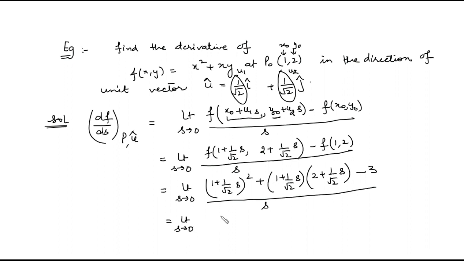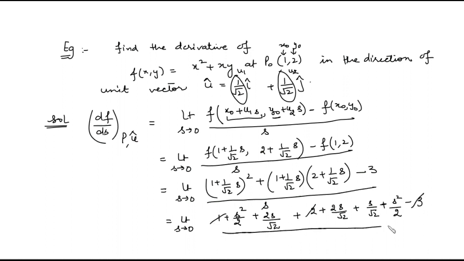So when you simplify this, you will get 1 by 2 into s square plus 2s upon square root of 2 plus 2 plus 2s upon square root of 2 plus s by square root of 2 plus s square by 2 minus 3. So 2 plus 1, 3, this cancels out.